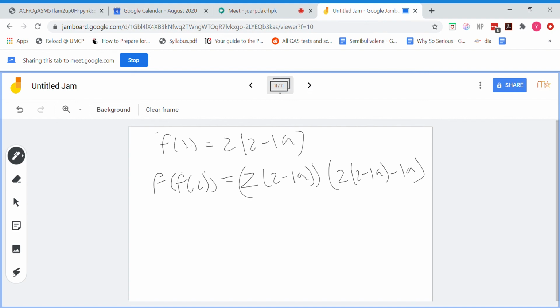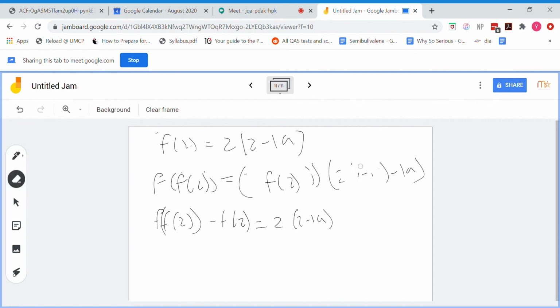Okay, so let's see what we can do with this. So f(f(z)) minus f(z) equals f(z) times (f(z) minus 19) minus f(z). We can obviously plug in the definition of f(z), but this is true.